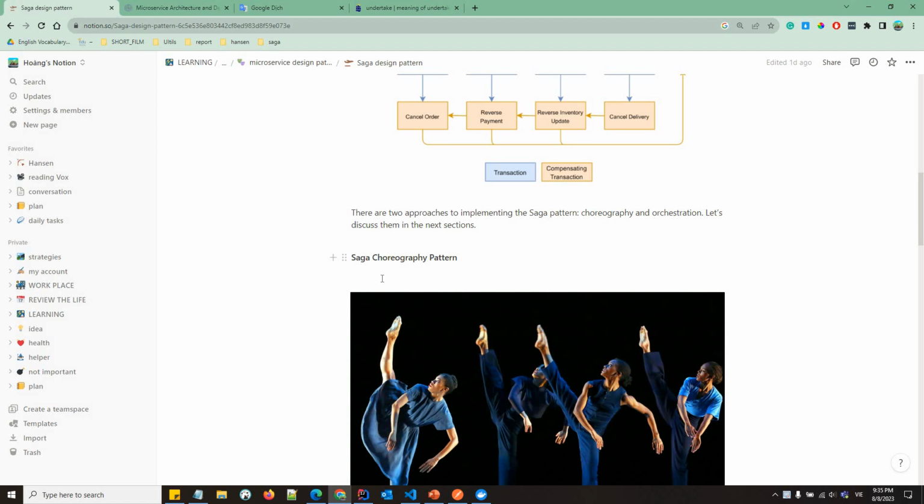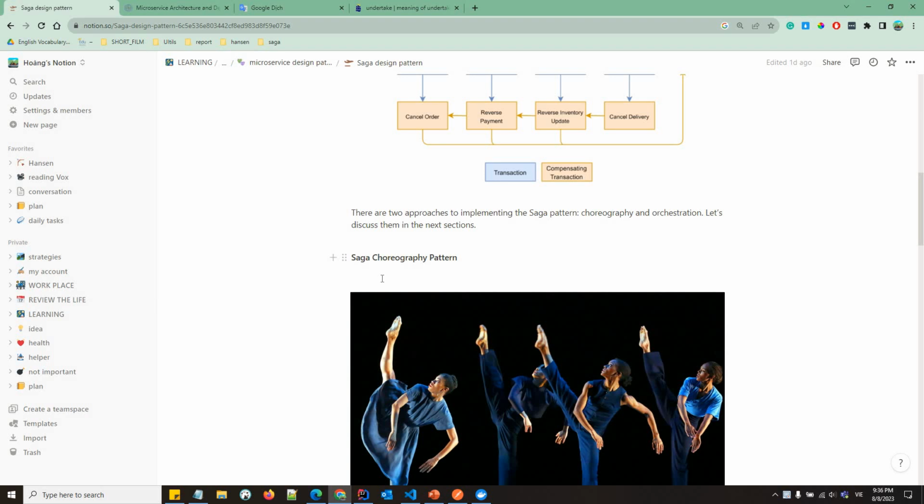When one service completes its transaction, it emits an event to the next service, and when it has an exception, it emits an event to the previous service to roll back the transaction.